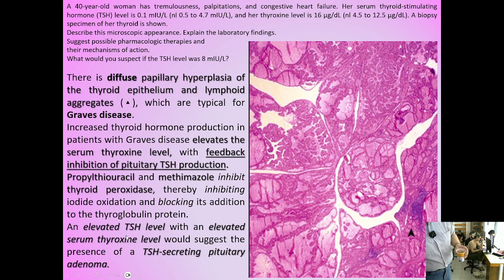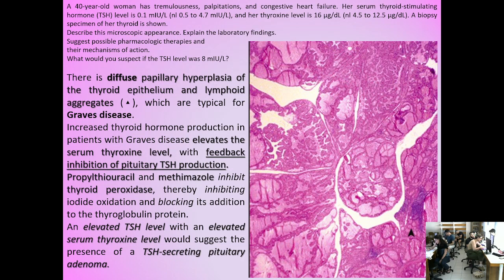And we have an elevated TSH level with an elevated serum thyroxine level in cases not so often, but they are described. In cases where we have both free thyroxine increased, and TSH increased as well, where is the problem?